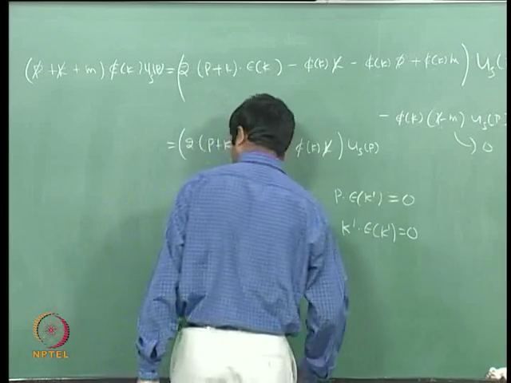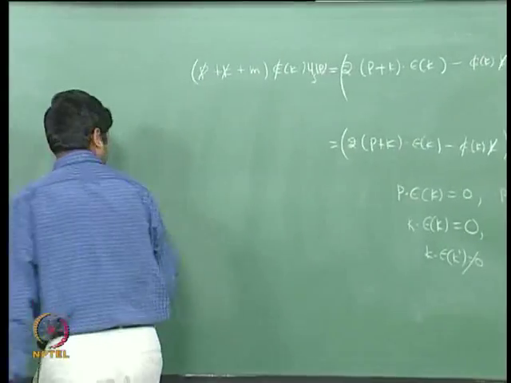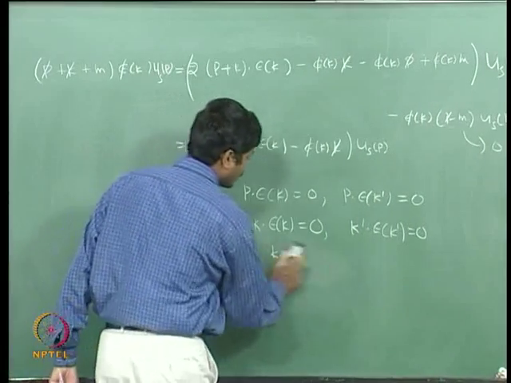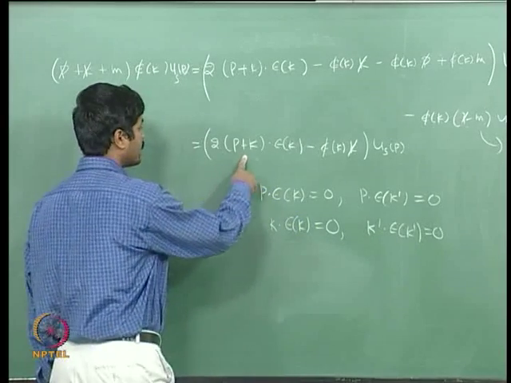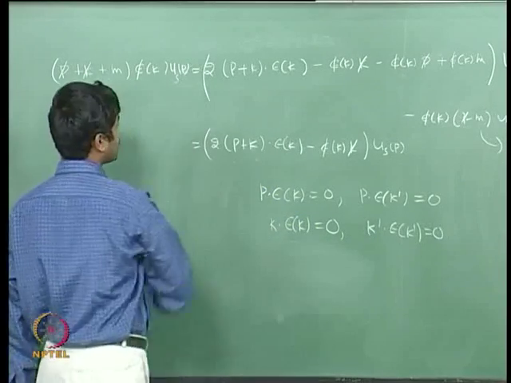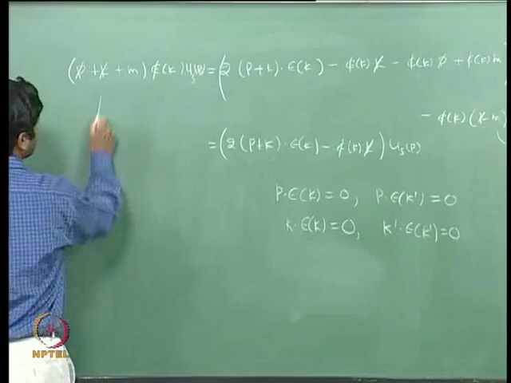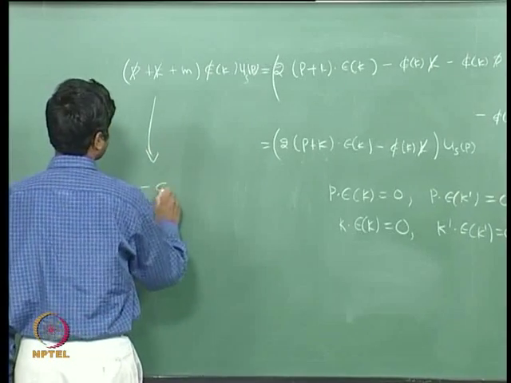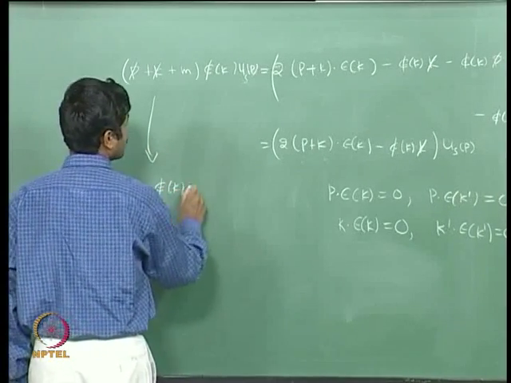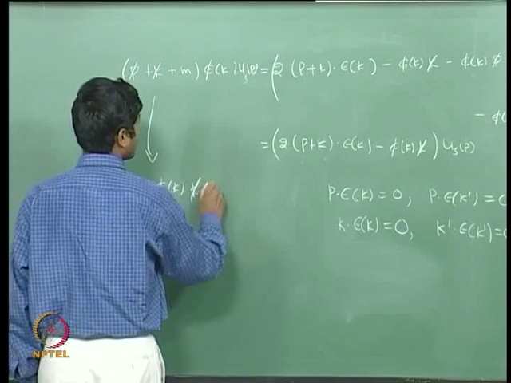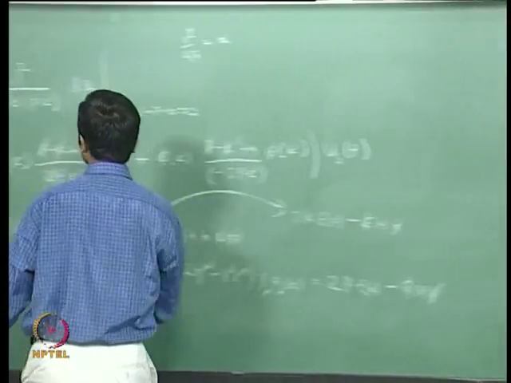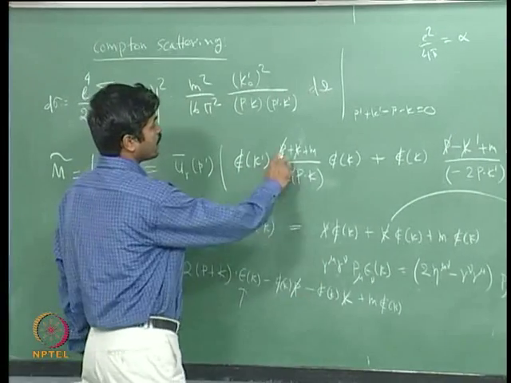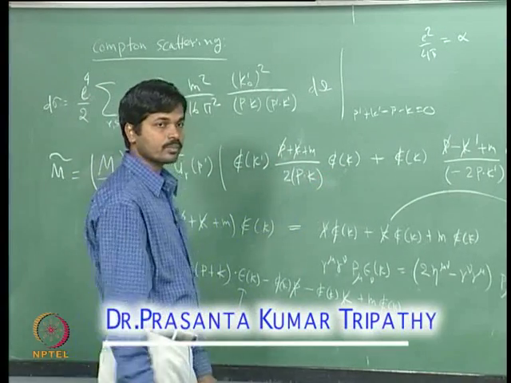So, do not make a mistake of setting this quantity to be 0. When I set those to zero, this whole thing actually simplifies to minus epsilon-slash k-slash u_s(p). So, that is what I get from the numerator of this first term.